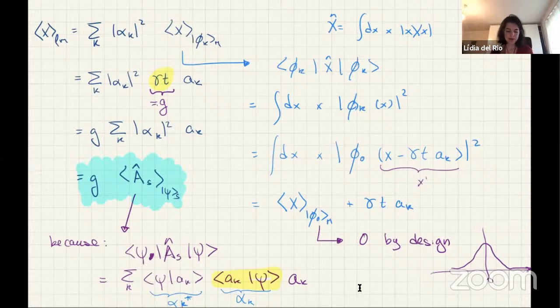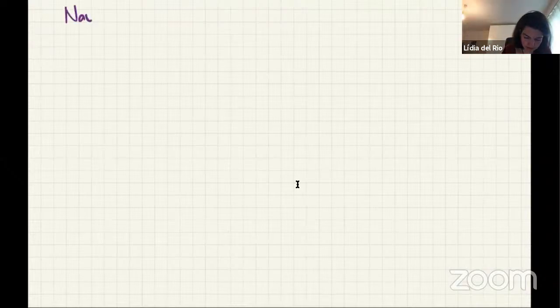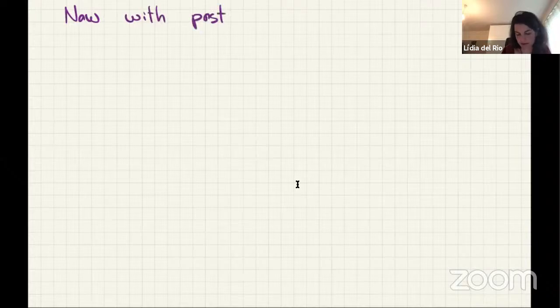Okay, but now we can ask, well, what happens now that we have post-selection? So let's write down the whole procedure again, now with post-selection.